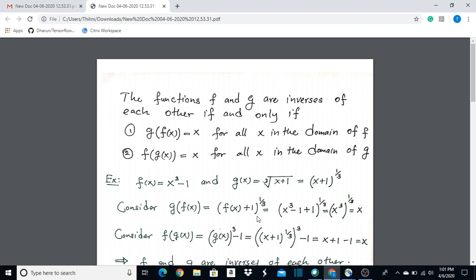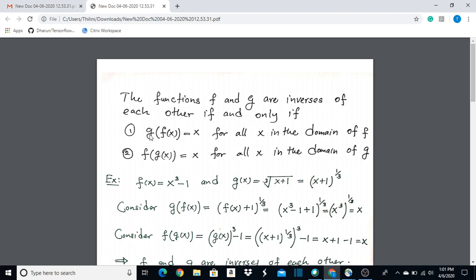So let's say we have two functions, f and g. If these two functions are inverses of each other, then two conditions should be satisfied.